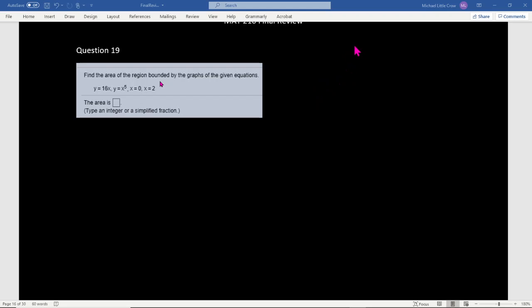It's going to be a straight line, right? And then the x to the fifth will get there. So, just my guess, we're going to have 16x minus x to the fifth between 0 to 2 because this is on top. That's how it's going to look.